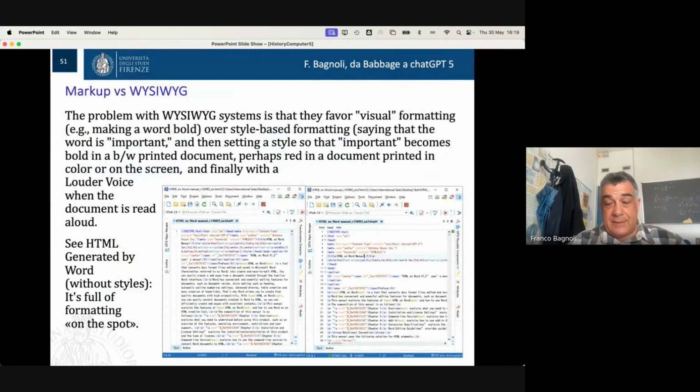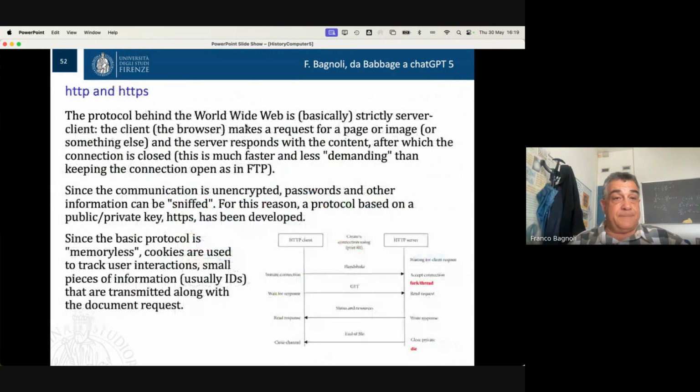This is also because, for instance, in Word you can take just a word and format it in a completely arbitrary way, not being obliged to use some style.